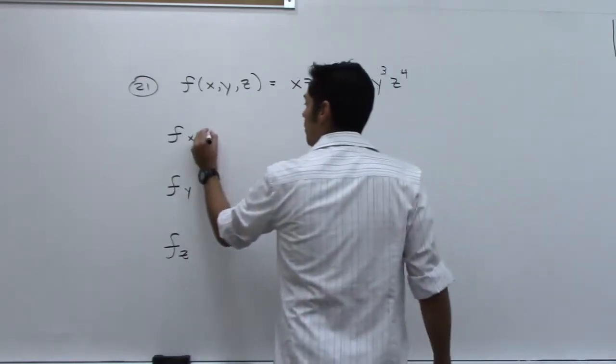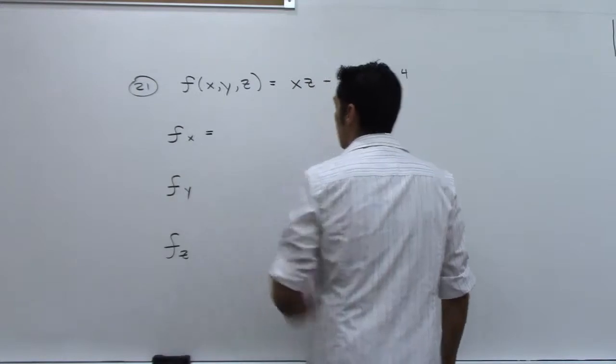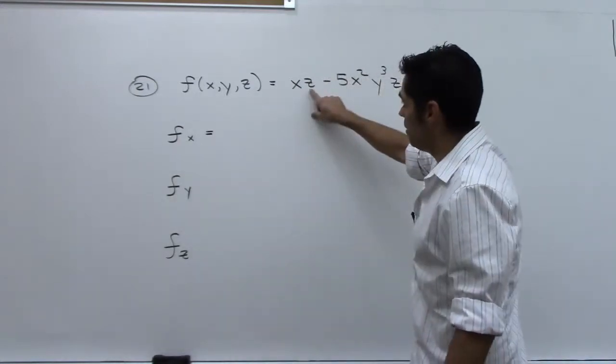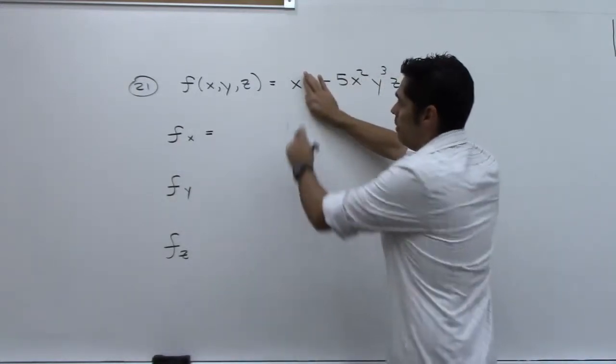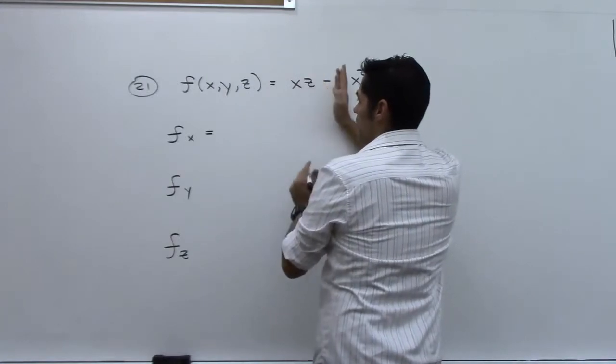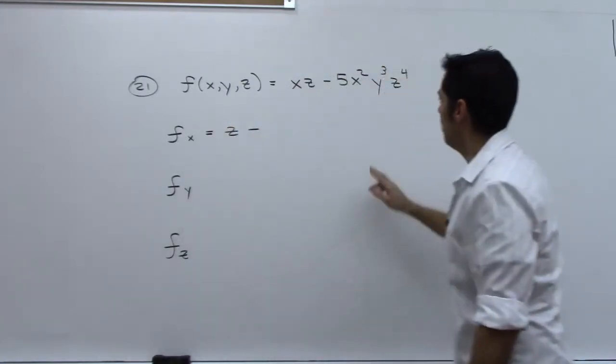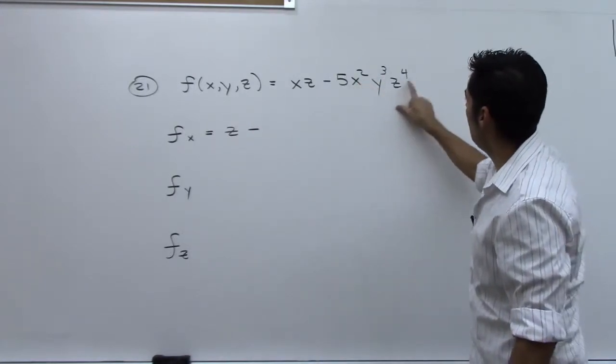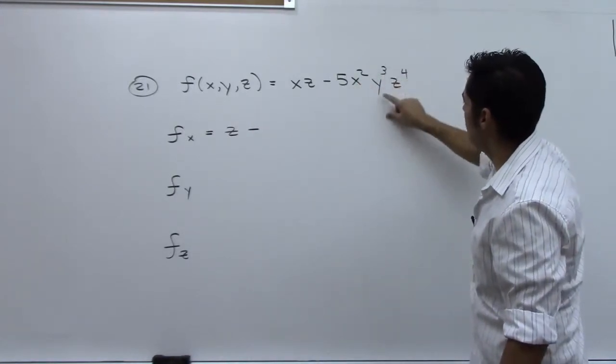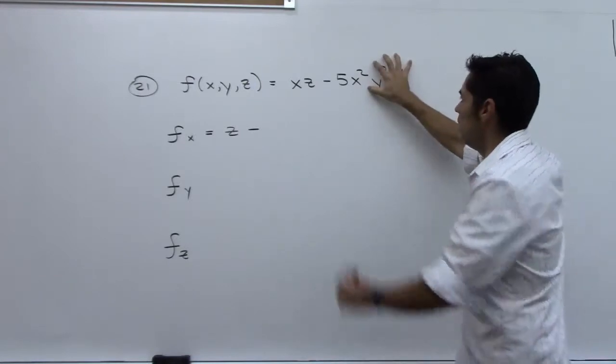So I'm going to do this one first, remembering that y and z are constants. Z is a constant, so I'm going to cover it up. Derivative of x is 1, so you get just z. Minus, now, remember, x is our variable. Everything else, y cubed z to the 4th, is some constant. I'm going to cover it up.